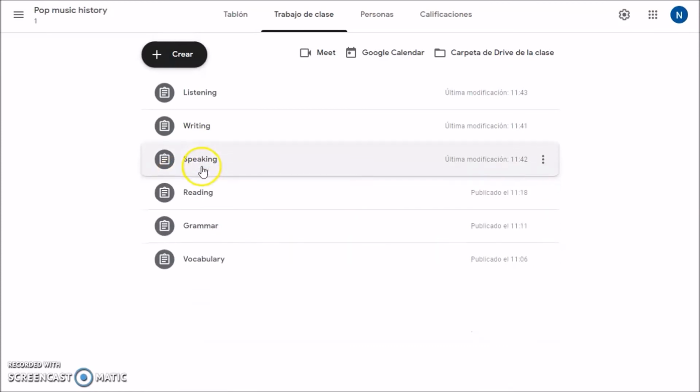And this is the last part of the activities of our didactic unit. So I'm going to show the rubrics.